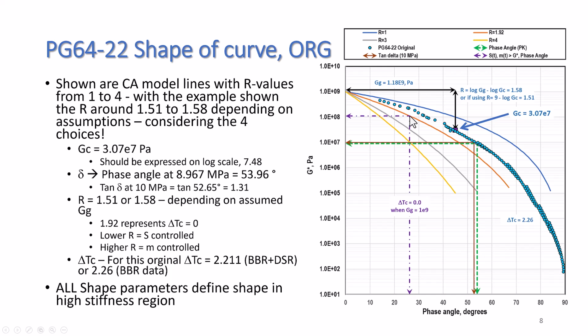And that's where your 0 delta TC would be. If you're over on this side, you would have positive delta TCs. If you're over on this side, you would have negative delta TCs. But in terms of those four choices, what we're trying to do is describe the shape of the master curve in this region.